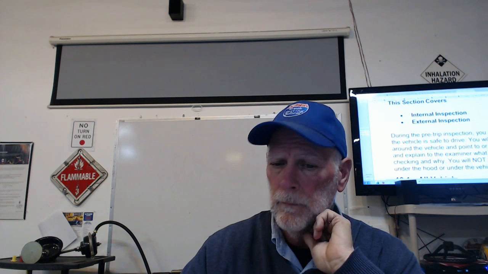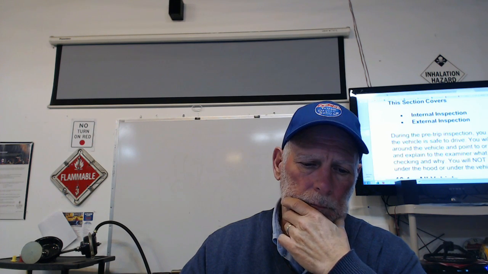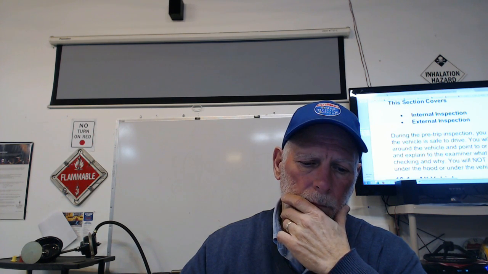You will have to walk around the vehicle and point to or touch each item and explain to the examiner what you are checking and why. You will not have to crawl under the hood or under the vehicle. 10.1. All vehicles. Study the following vehicle parts for the type of vehicle.